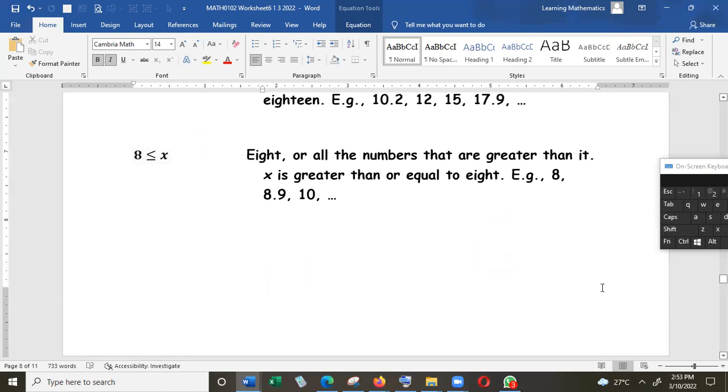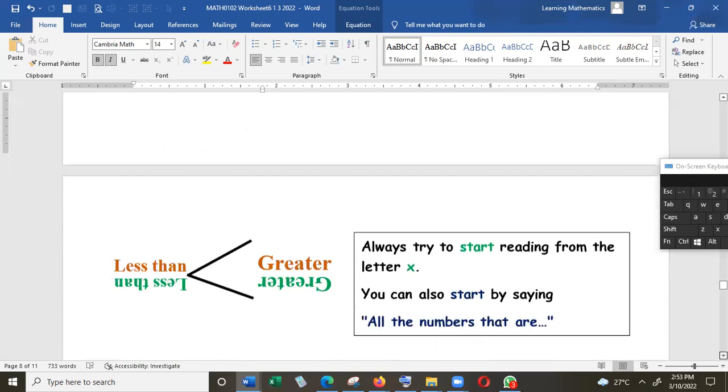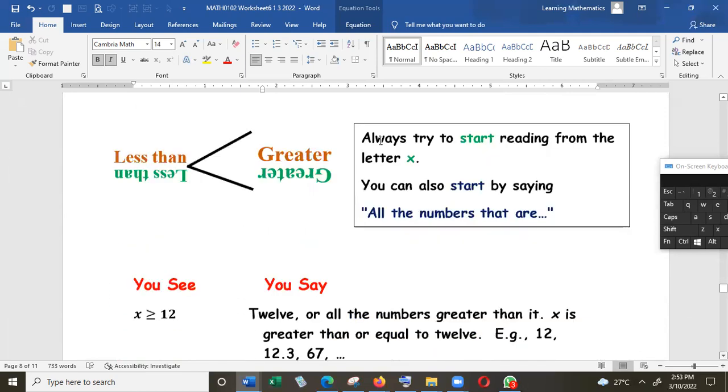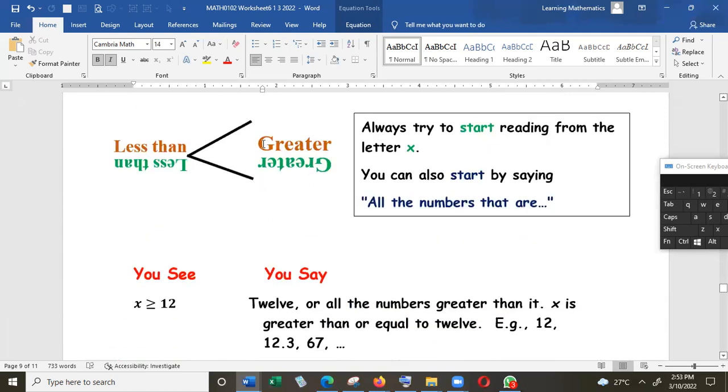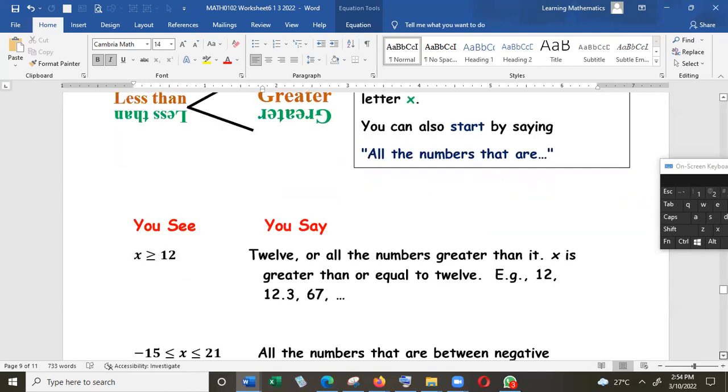So always start reading from the letter X. Again, this is to stress the fact that the opening is called greater than and the point is called less than. Always try to start reading from the letter X. You can also start by saying all the numbers that are. So if you see a situation like that, X is greater than or equal to 12. All the numbers that are greater than or equal to 12, starting with 12, 13, and so forth.